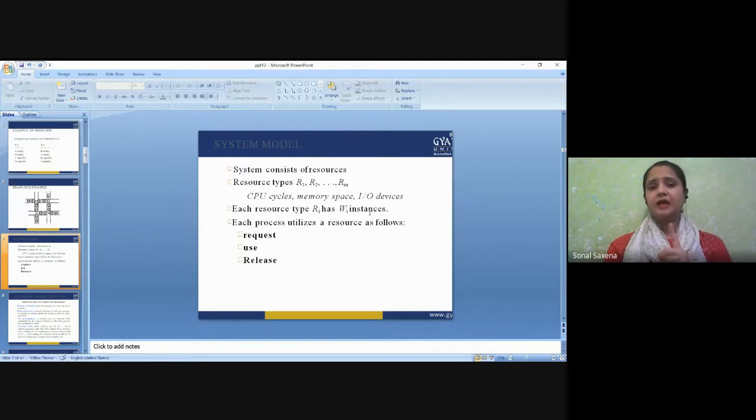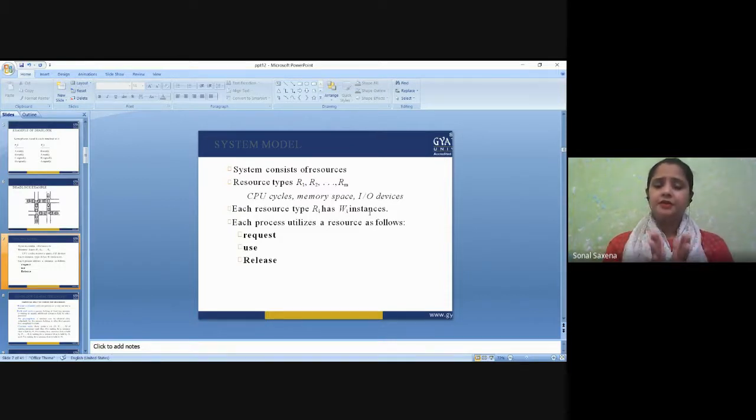So this is a 3-step process. First, the process has to request the resource. Second, if the request is granted, it has to use the resource until its execution is done. And once its execution is done, it has to release the resource so that other processes can use it. The violation of any of these steps can lead to the deadlock condition.